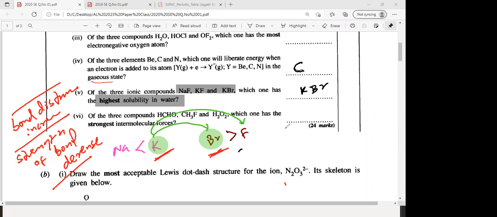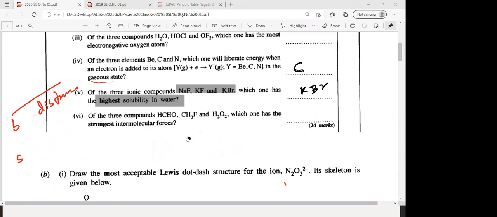Part 6, who can give me the answer? Part 6. Yes. Three compounds, which one has the strongest intermolecular force? That one now I am explaining. Everyone should give the answer for this.